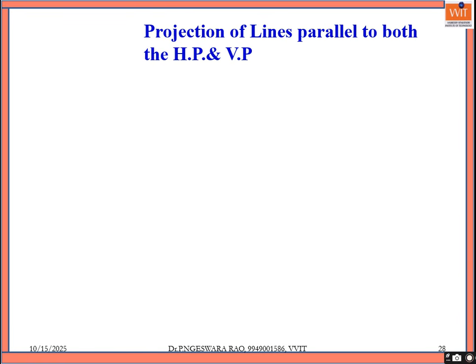That means parallel means both ends of the line must be at the same distance from the HP. Similarly, from the VP also they are at the same distance. Then only we can call it a line parallel to both HP and VP.